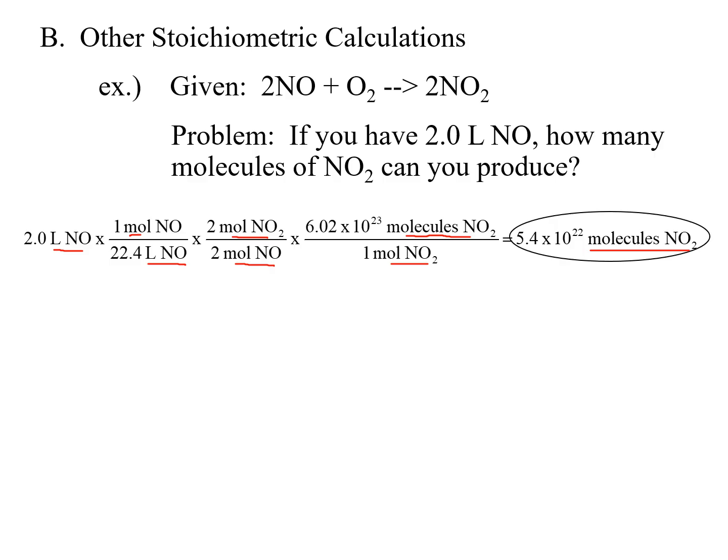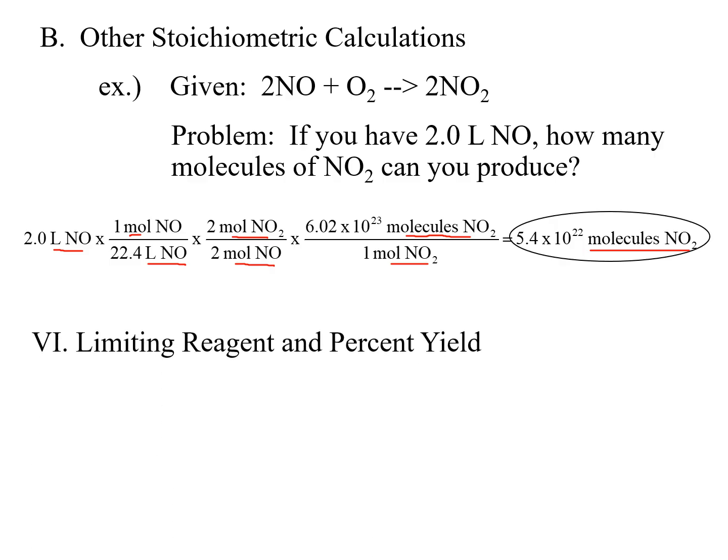So where did the 22.4 come from? Remember, how many liters are there in a mole? 22.4. Where did the 6.02 times 10 to the 23rd come from? Remember, anytime you're asked for atoms or molecules in a mole, that's the number, 6.02 times 10 to the 23rd. Where did the 2 and the 2 come from here in the middle?